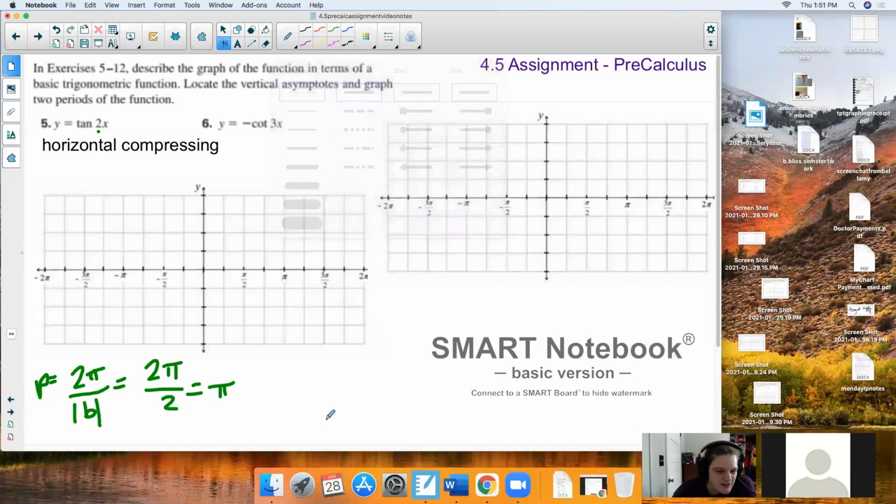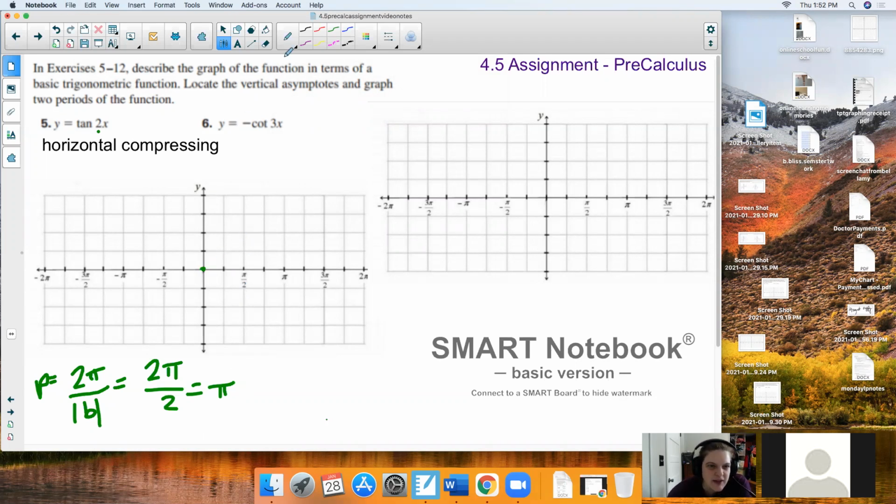All right. So on that one, we are doing tangent, which normally would go through the axis here, and it looks like it would go out to a repetition of 1 second window. So it looks like it takes pi to repeat, but of course, a repetition would be 2 of those.